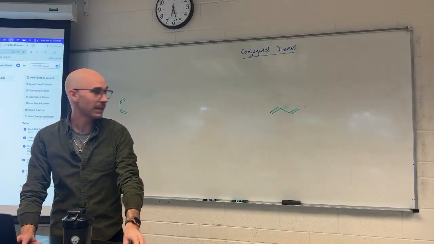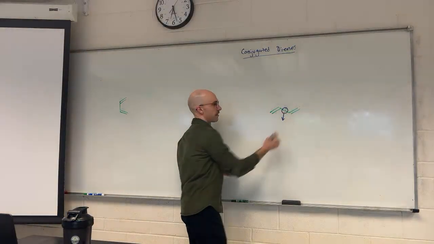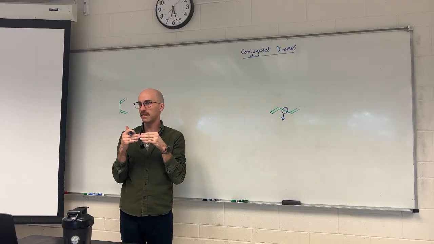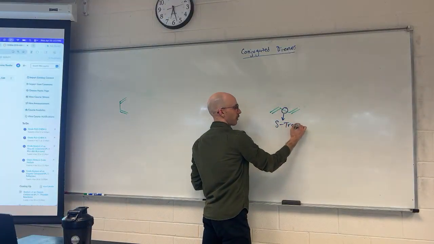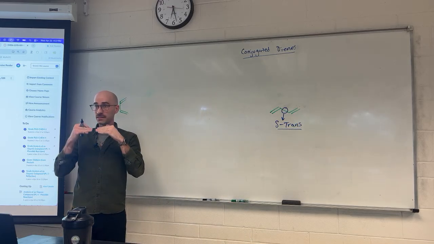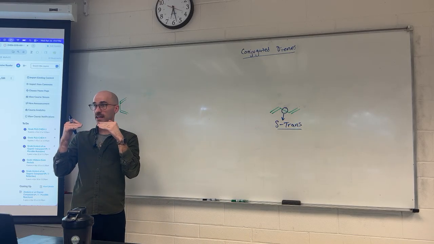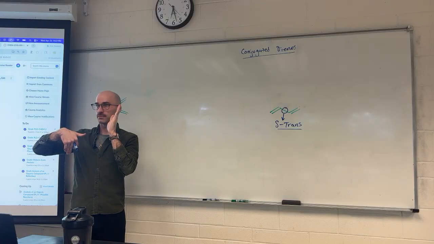The conformation that we just looked at describes the sigma bond connecting them as S-trans. The alkenes, relative to that sigma bond, are oriented trans to each other.